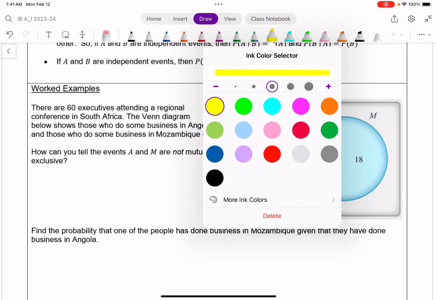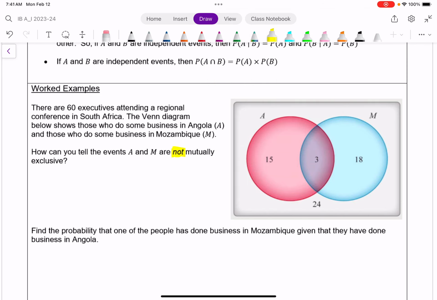We know they're not mutually exclusive because these two circles overlap. The fact that there is this region that they have in common, there's three people who have done business in both Angola and Mozambique, that's how we know they're not mutually exclusive. If these two events were mutually exclusive, as a Venn diagram, the circles would not overlap. And so that's how I know, because the events overlap.